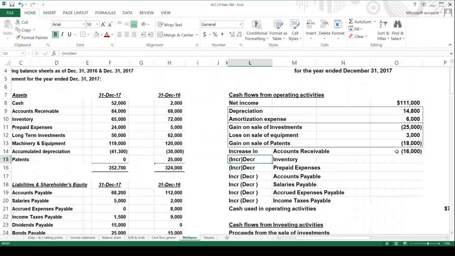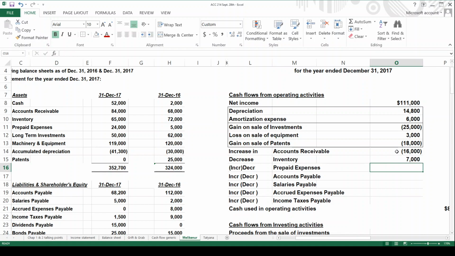Okay. What happened? Inventory goes from 72 to 65. That's a decrease of $7,000. Add it back. Prepaids. What happened? It goes from 5 to 24.